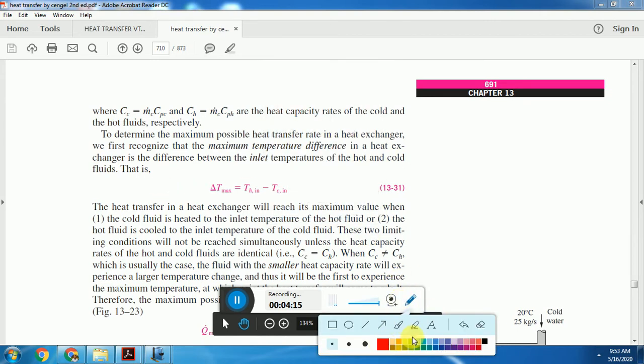One is when the cold fluid is heated to the inlet temperature of the hot fluid.